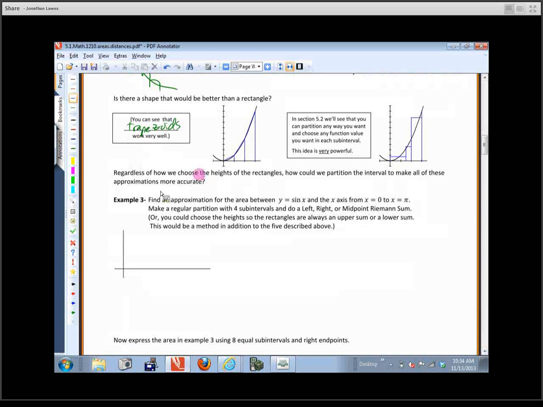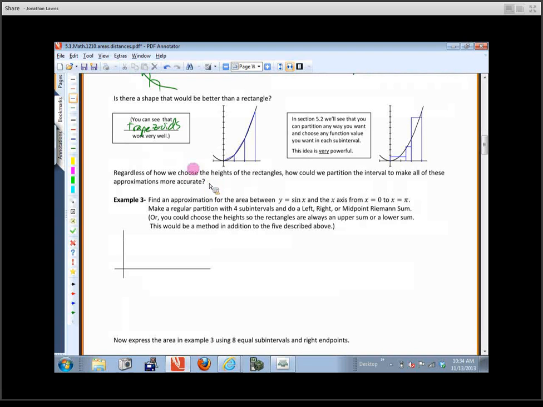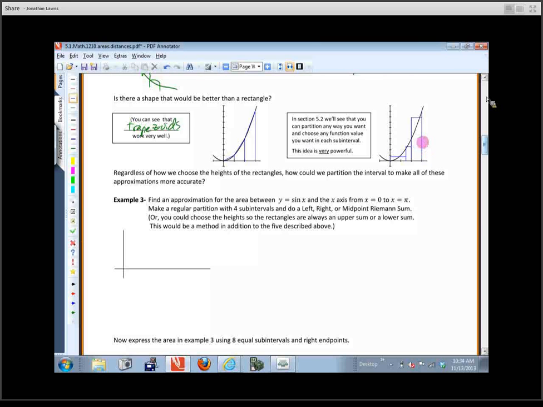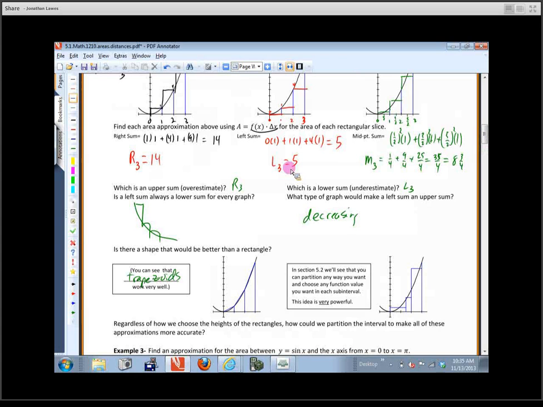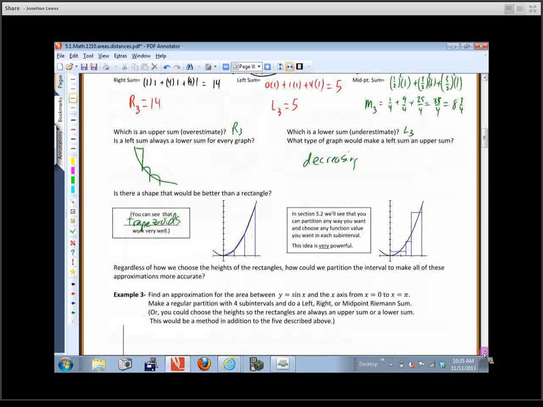And let's think about this question right here. No matter how you choose the heights of your rectangles, in a nice systematic way like we did up here with the R3, L3, and M3, right end, left, and midpoint, or kind of at random, you could always make it more accurate by taking smaller slices.